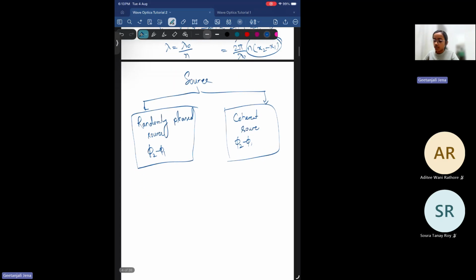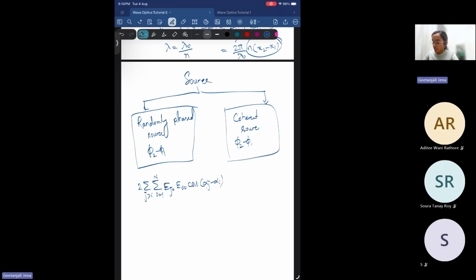For the first one, the randomly phased source, if you recall, because the phases are varying from time to time, the interference term, which is 2 times the summation over j greater than i from 1 to n of E j0 E i0 cos of alpha j minus alpha i, is randomly varying, so the average will be 0.